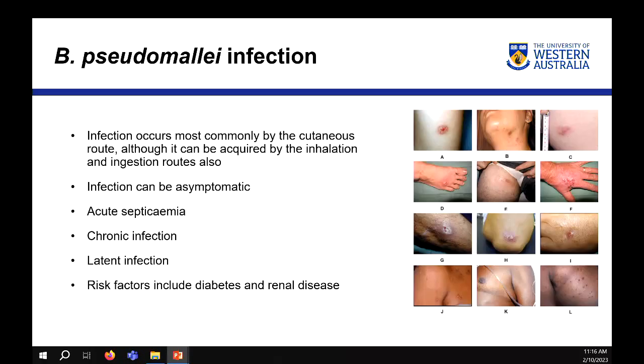The route of infection is most commonly cutaneous, so the cuts and abrasions in the skin, but it can also be acquired by inhalation and ingestion as well. So infections can be asymptomatic, acute septicemia, a chronic longer-term infection, and then a latent infection.